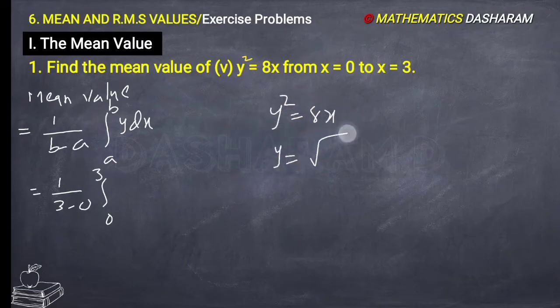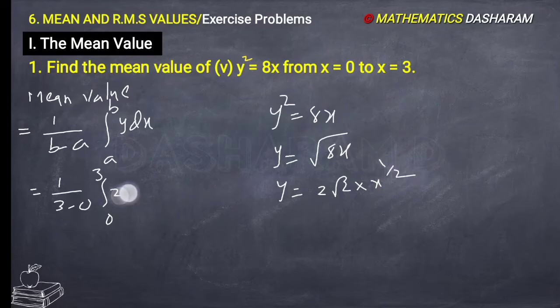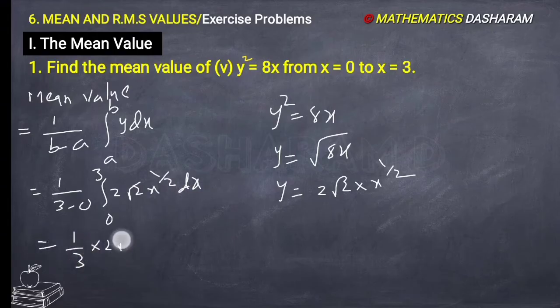So from this y equals under root 8x. So then y equals 2 root 2 into x to the power of 1 by 2. So 2 root 2 into x to the power of 1 by 2 dx. So 1 by 3 into 2 root 2 into x to the power of 1 by 2 dx, 0 to 3.